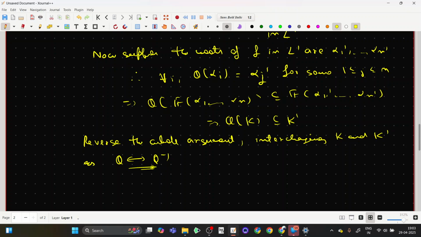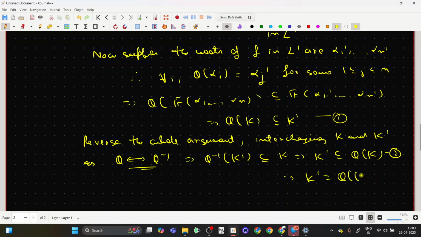Getting my point? So what I can actually prove is that phi inverse of K prime should be contained in K. But what does that mean? That means that K prime must be contained in phi of K. So if this is 1 and this is 2, it implies that K prime must be equal to phi of K, right?